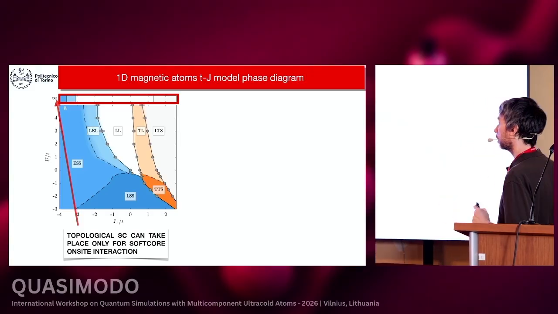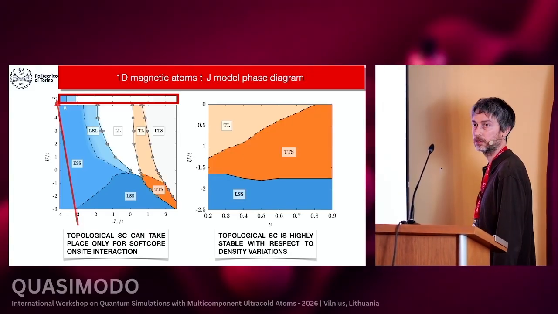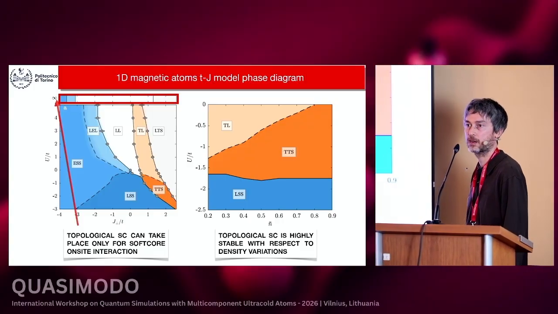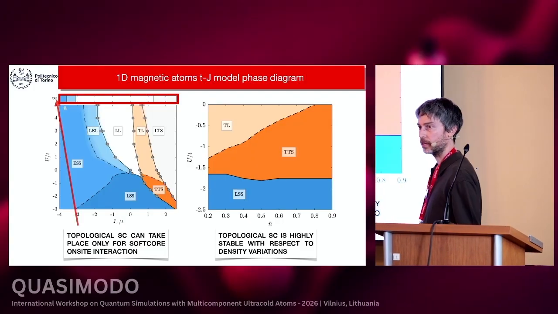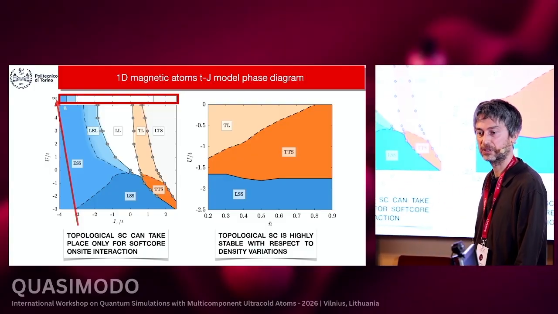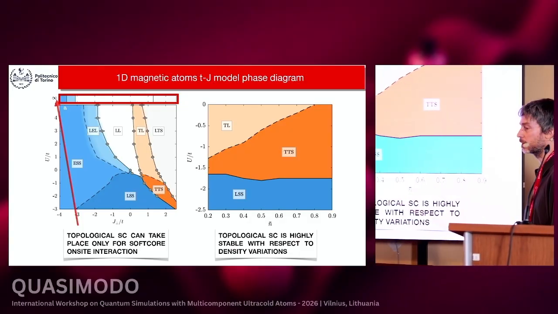The second thing that I want to remark is that these topological phases are very much stable with respect to different densities and different strengths of the on-site interaction. So if one day some of you would like to do some experiments, you don't have to do any fine-tuning, okay? These regions are quite large and quite stable.